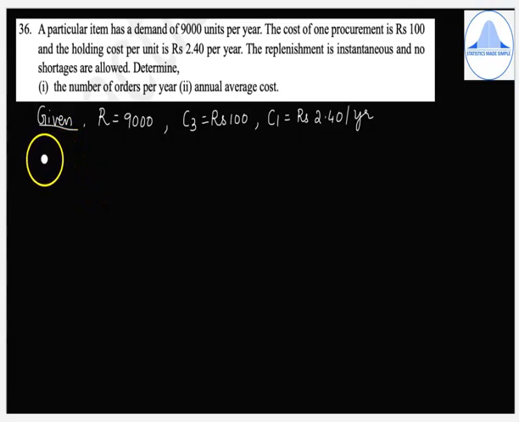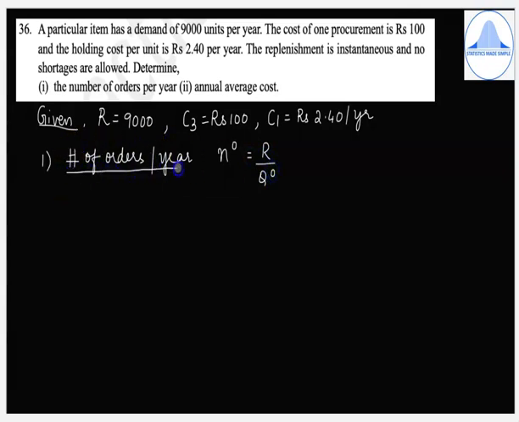So let's start with the first subdivision, that is the number of orders per year. Number of orders per year is given by N naught, which is equal to R divided by Q naught, where we have to first find out Q naught. Q naught is equal to root of 2 R C3 divided by C1.